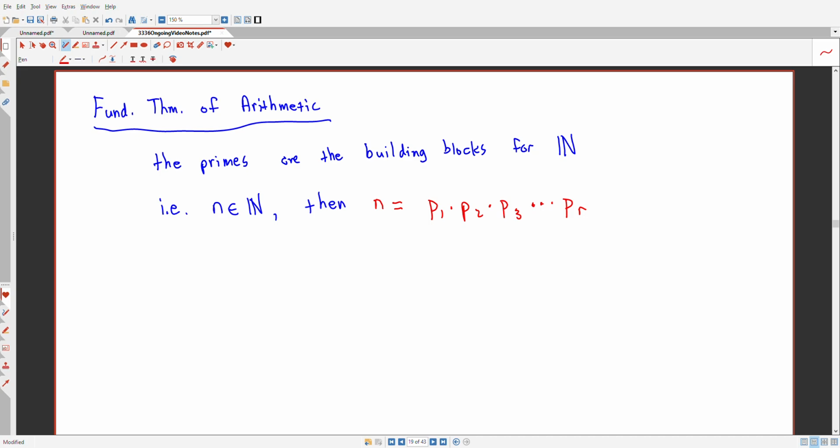Okay, I want to be a little careful. I might have some of the prime numbers in this product repeating. So there could be like 2 of these primes, so I might have it squared. There might be 3 of these primes, I might have that prime cubed.